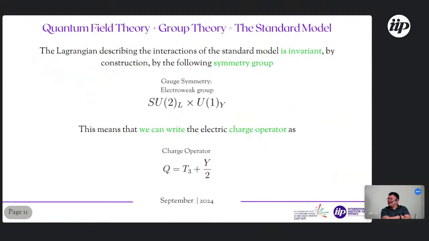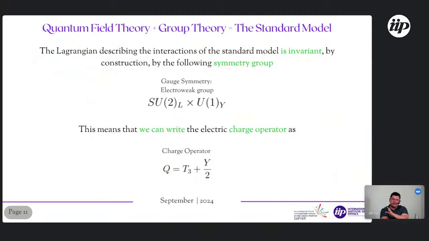For example, using group theory, we know that there exists a symmetry group that can explain those problems and make some predictions that were confirmed after years. For example, that group is the electroweak group SU(2)×U(1), and that group is inside of the standard model, and all the Lagrangians that we can write are required to respect that symmetry.